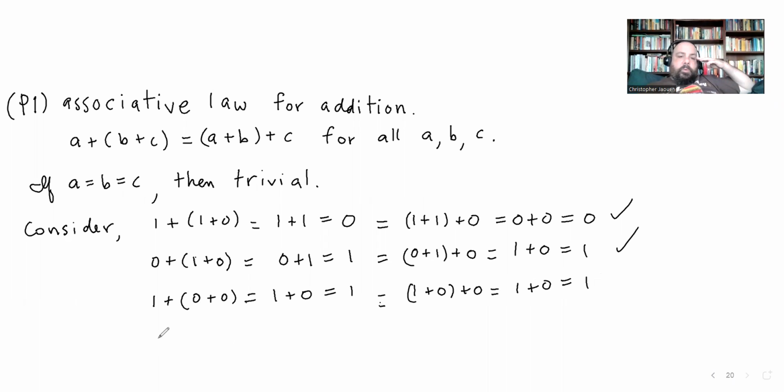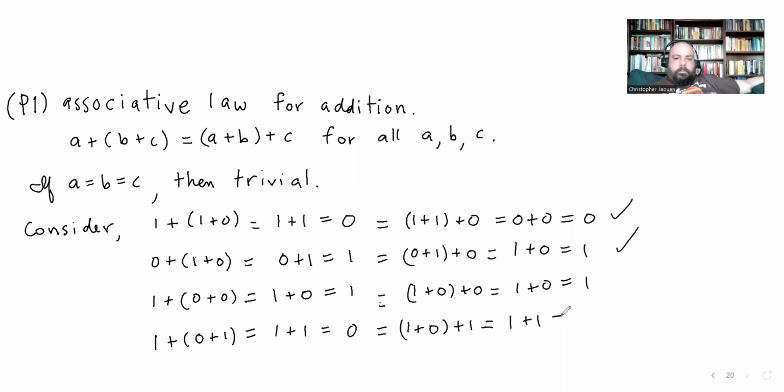Then what's next? 1 plus 0 plus 1, I think we have to do. That checks out. We need to do what else?